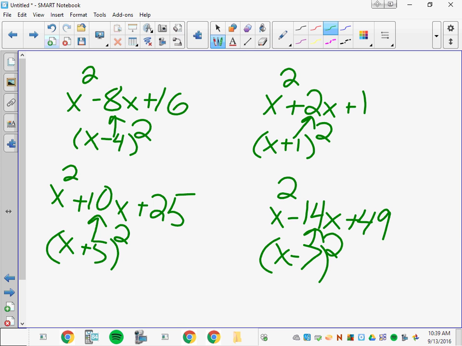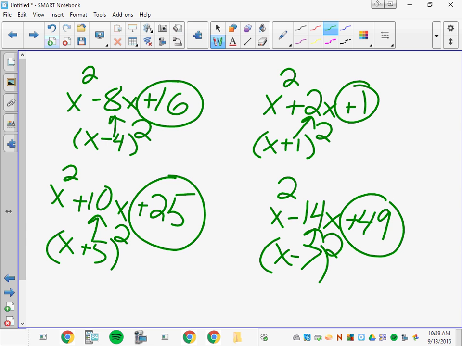What's the other important part? What do you notice about these? They're always the factor squared, which turns them all positive.